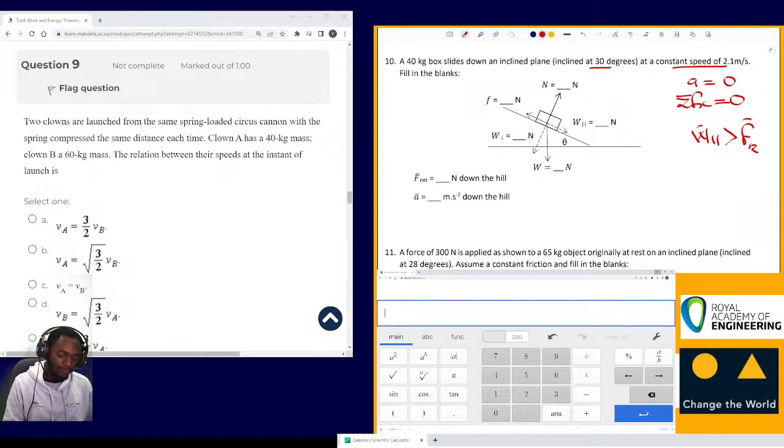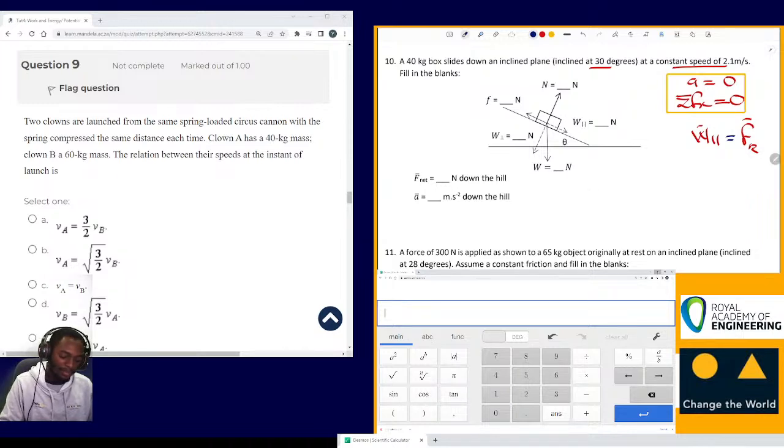Is it? Oh, they are equal because it's not accelerating. I just said here that the summation of forces in the x is 0, so they are equal. Actually, they are equal because it's moving at a constant speed. It's not accelerating like the case in the previous question. So it's constant, so the summation of forces is 0. Okay, so we've analyzed that these two forces are going to be equal.